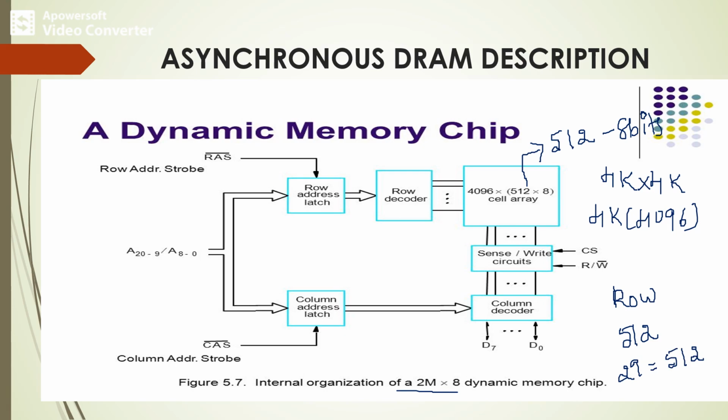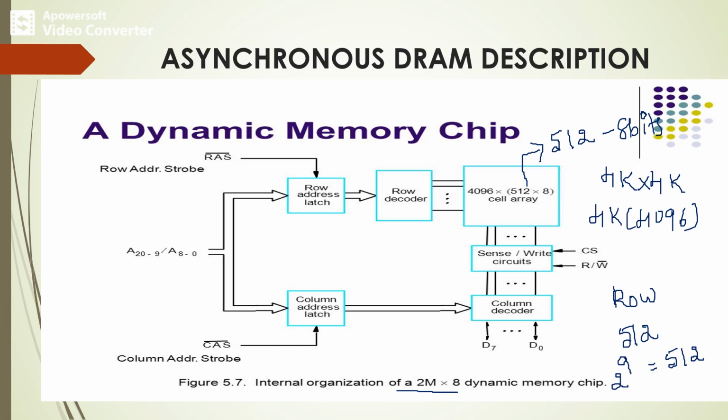So 9 bits are needed to specify a group of 8 bits in a selected row. 2 power 9 is nothing but 512, that is 512 bytes.